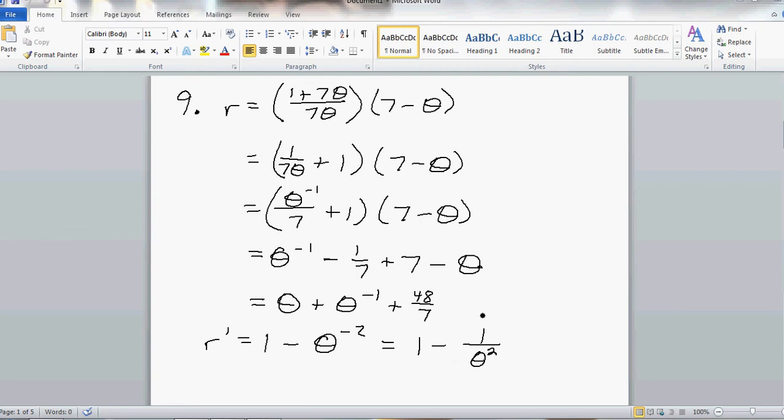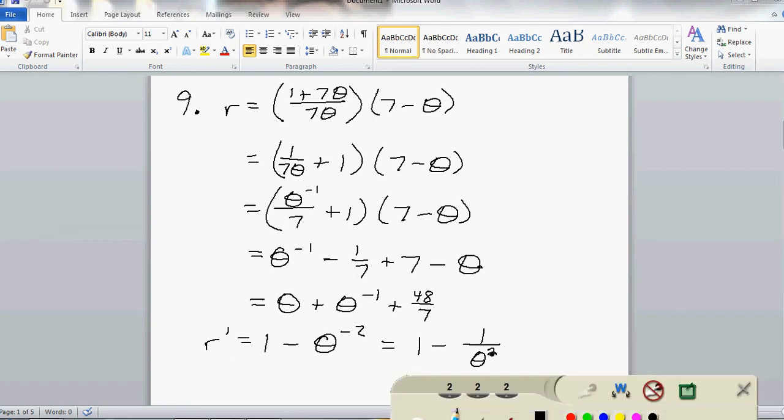We still would have ended up with this. We could have done what we did and stopped at this point here and then done the product rule. We still would have come up with this. Or we could have gone ahead and FOILed this out and then finally taken the derivative, and we get what we finally ended up with.